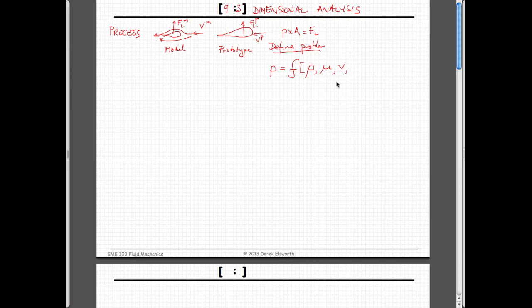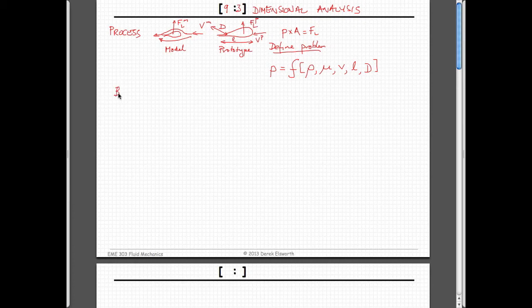What else is there? There's gravity, but let's not necessarily worry about that. There would be some dimensions. We had a length of the wing, which I think we called L, and a span of the wing. So we have length and span. That's all we know about the system. We do have differential equations to describe it, but we're not going to worry about that.